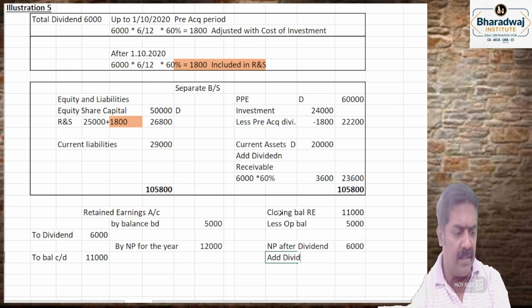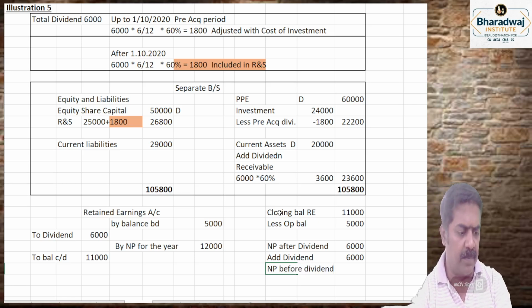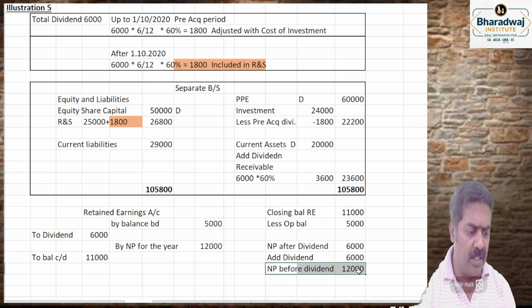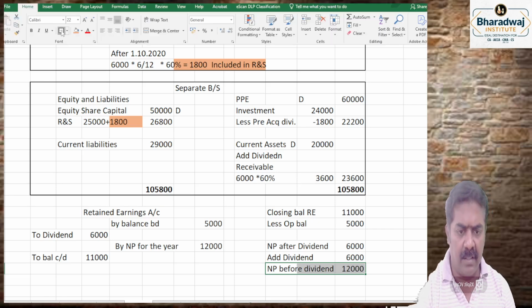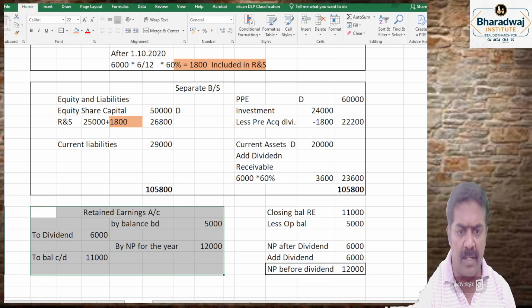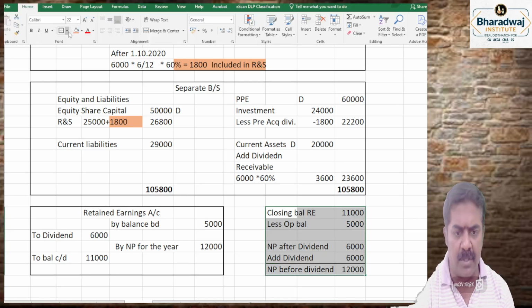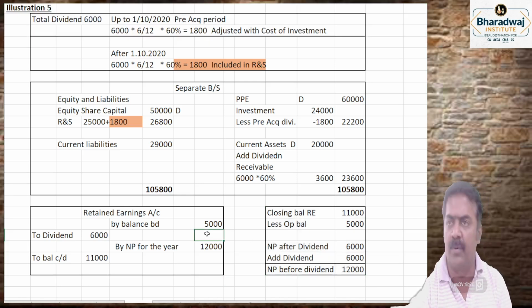Add back the dividend of 6,000 and you will get net profit before dividend, 12,000. This is the net profit earned for the year. Either through the ledger account you can work out net profit for the year before dividend, or closing balance minus opening balance.